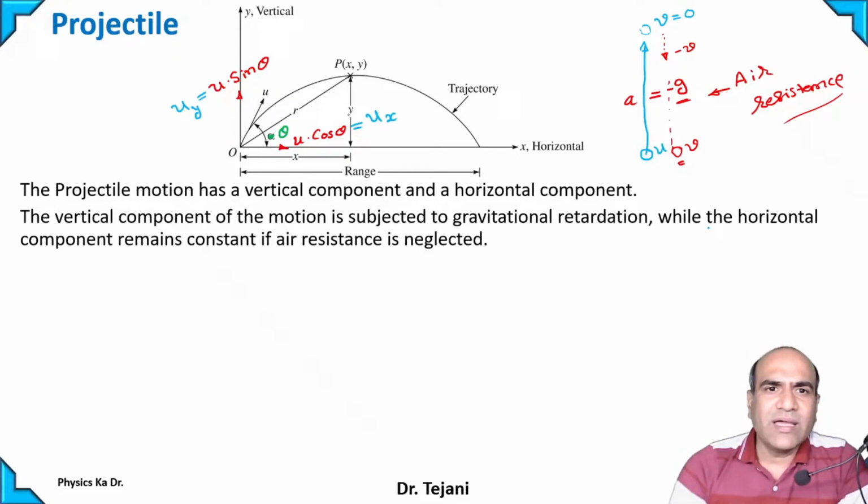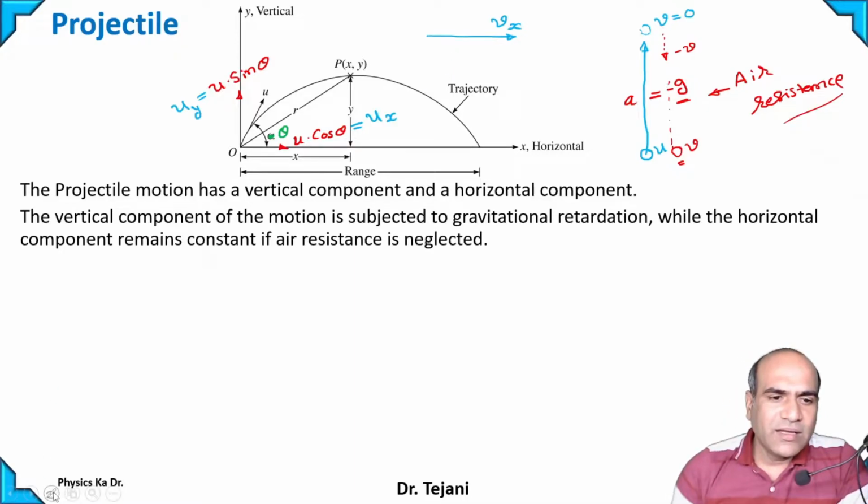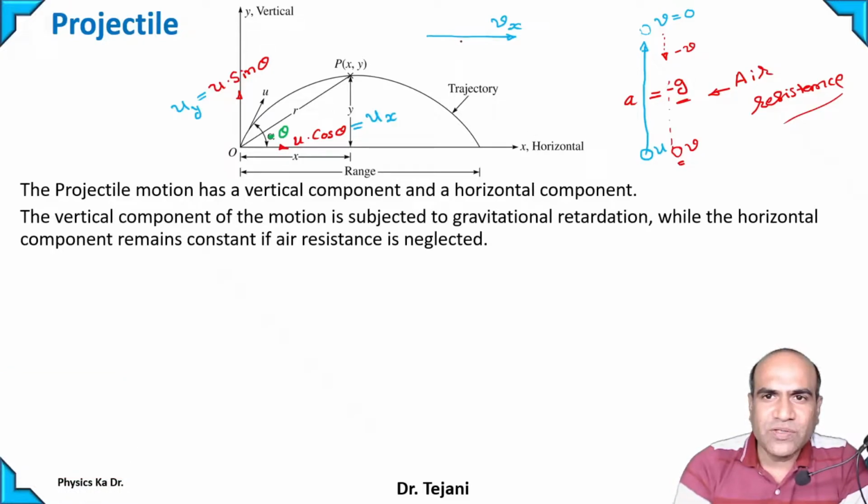The object moves in the direction we call Vx or Ux, and gravity, minus g, acts at a 90-degree angle to it.